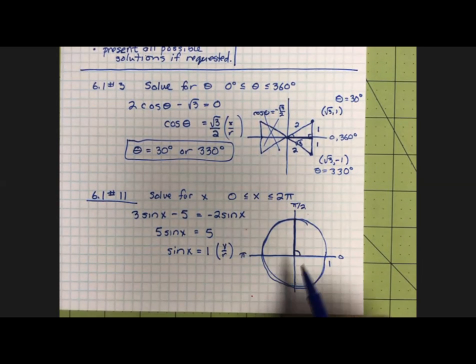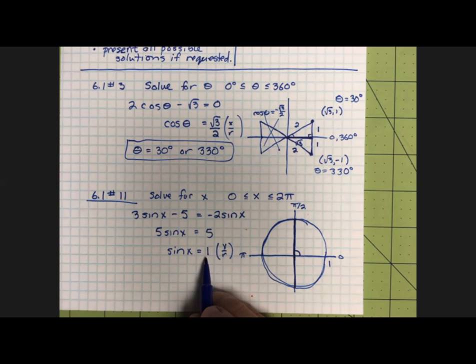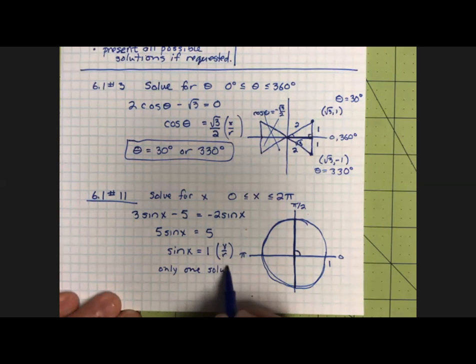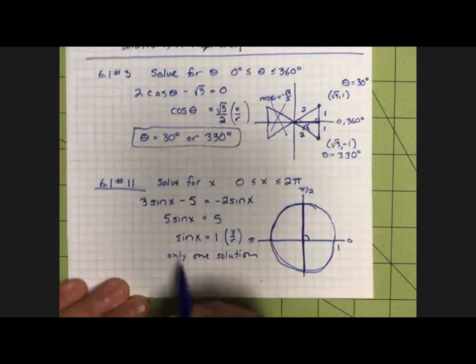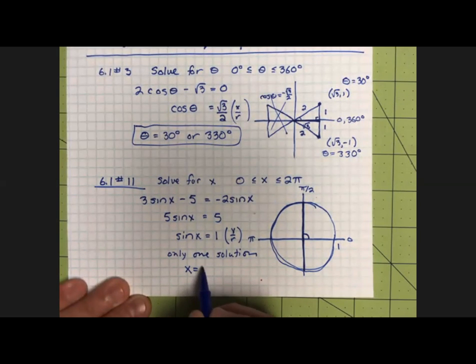And this does not come in pairs because if I go the opposite direction, I have a sine of minus 1, not 1. So this only has one solution. And that is x equals pi over 2.